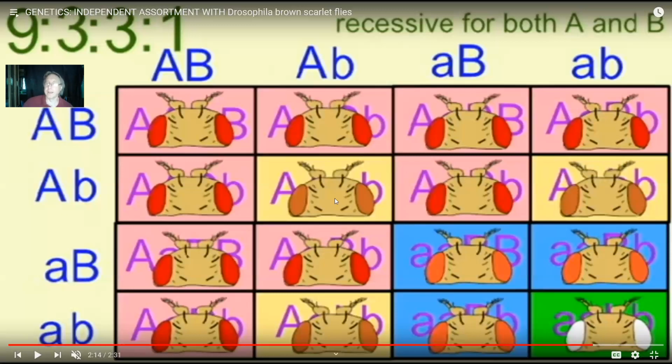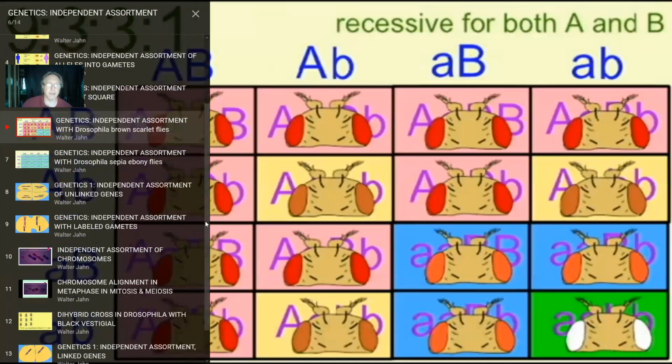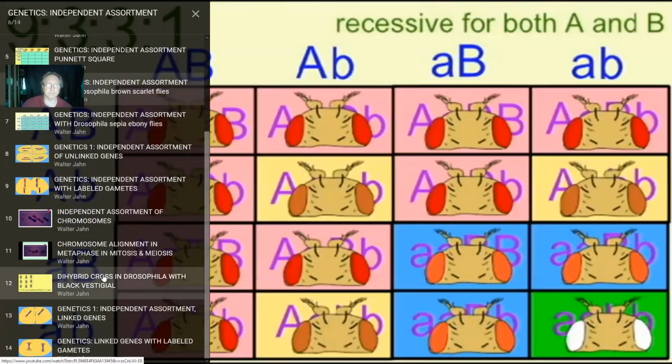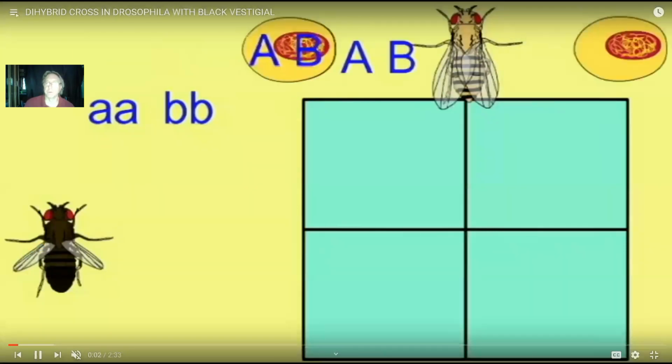But here we're getting brown, where you have the mutant alleles for one gene but not the other, or scarlet, where you have mutant alleles for the second gene but not the first. And so Mendel observed independent assortment of chromosomes, and it is one of his three principles.